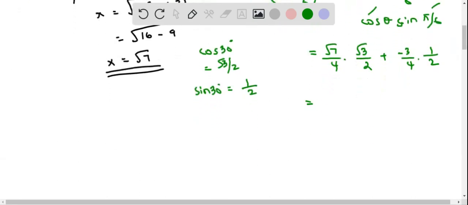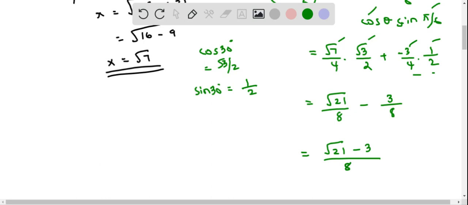This equals root 7 times root 3, and we can multiply the numbers inside the root and write this as root 21, divided by 4 times 2, which is 8, minus, we have a minus here, the numerator 3 times 1 is 3, divided by the product of denominators, 4 times 2 is 8. So here we have the common denominator 8. So we can write this as root 21 minus 3 over 8. And this is the exact value of sine of theta plus pi by 6.